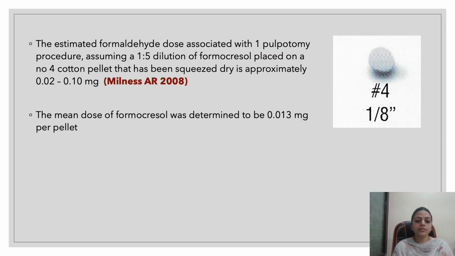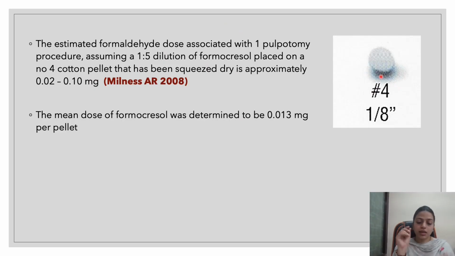It has certain disadvantages, this formocresol, but we are using it in a very low concentration. This is a very important question which is asked sometimes: how much is the dose of the formaldehyde or formocresol which is used? The formaldehyde dose in one pulpotomy procedure, where we are taking a 1:5 dilution of formocresol, is placed on a number 4 cotton pellet, that is the size of the cotton pellet which is used.